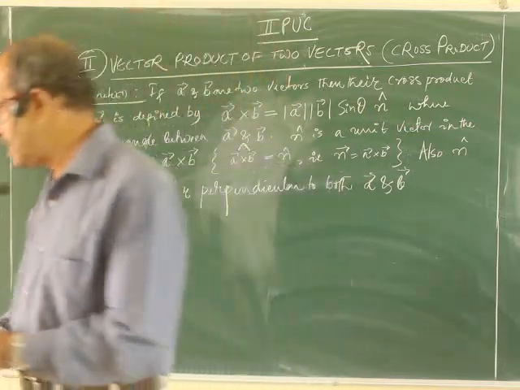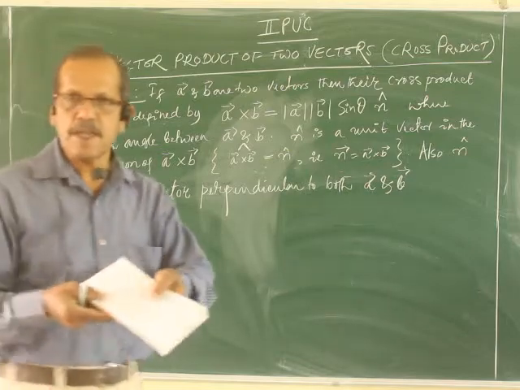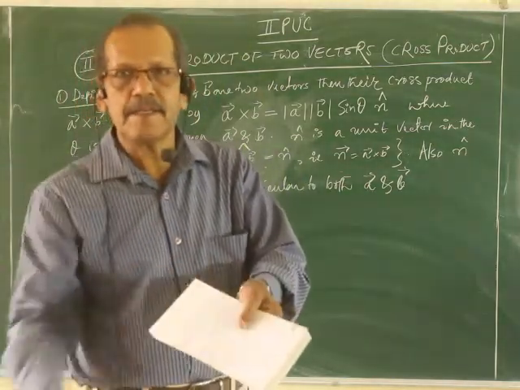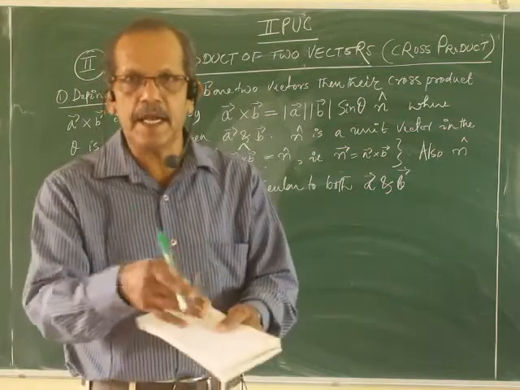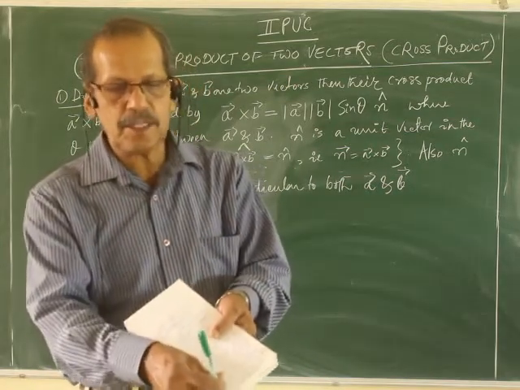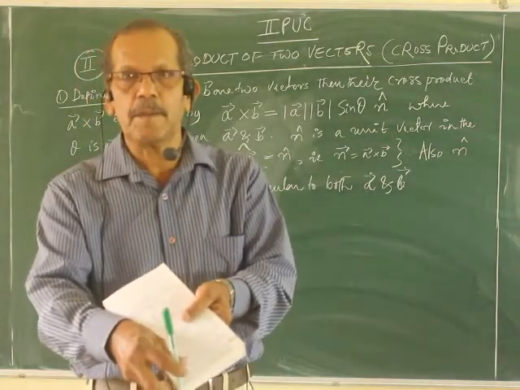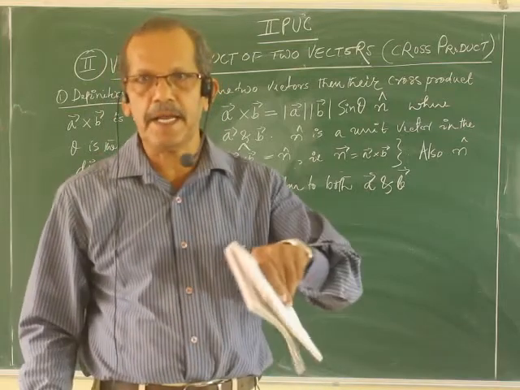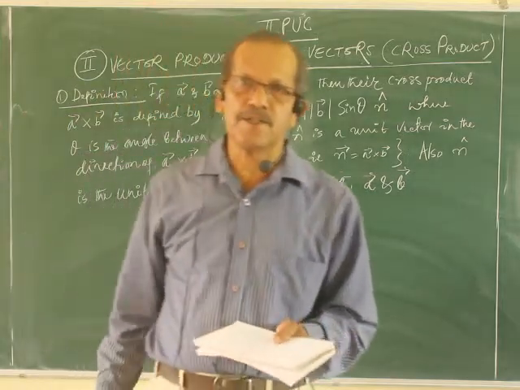Can you imagine that? If this one is the plane, with vector A and vector B, this unit vector is always perpendicular like this. Whatever may be the plane of A and B, the unit vector is perpendicular to it.